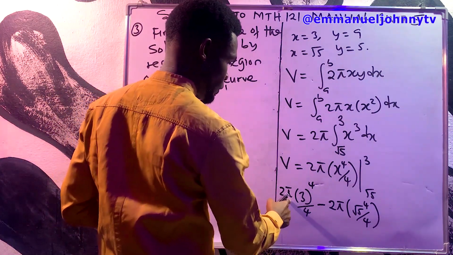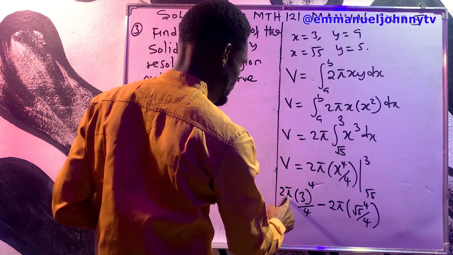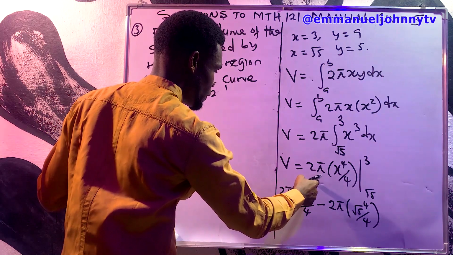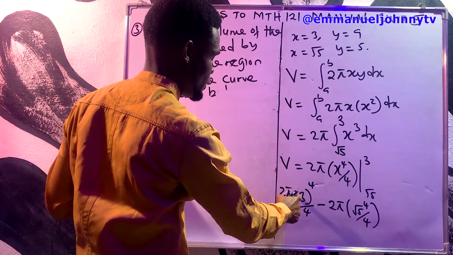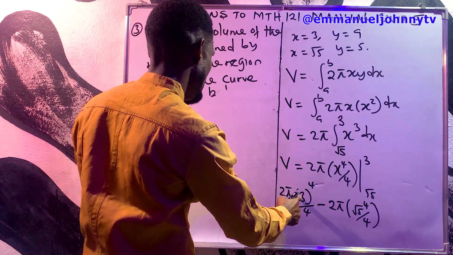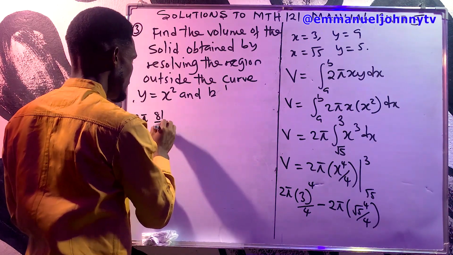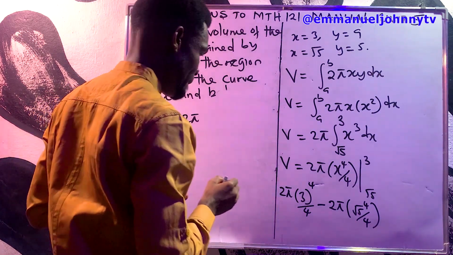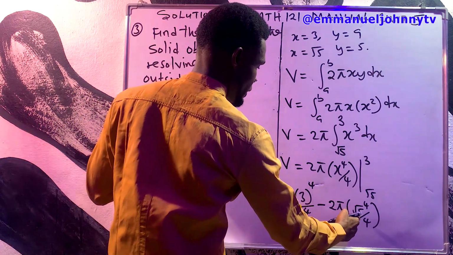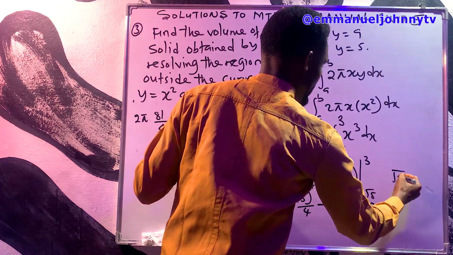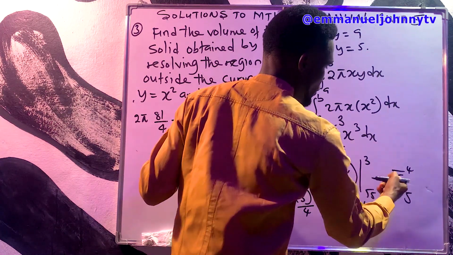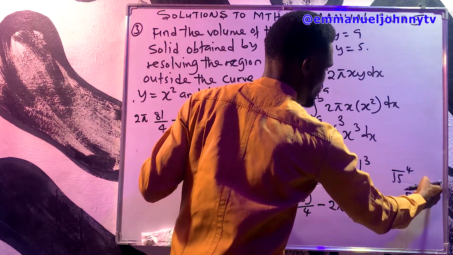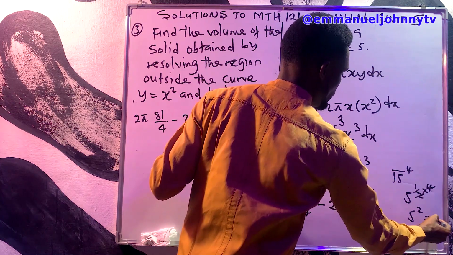So from here, we can see that this is 2 pi, 3 raised to power 4 is 3 times 3, 9, 9 times 3, 27, times 3, 81. 81 all over 4 minus 2 pi, then root 5 raised to power 4 can be written as 5 raised to power, square root means 1 over 2, then times this 4. 2 goes into 4, you have 2, so that will be 5 raised to the power of 2, which is 25.